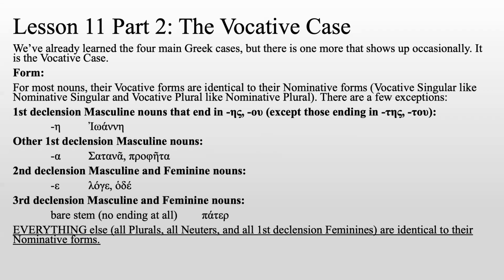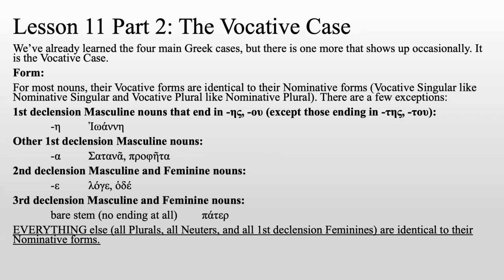Everything else, all of the plurals, all of the neuters, and all of the first declension feminines are identical to their nominative forms. So these four things listed here are only for singulars. This is the first two different ways of doing first declension masculine singular, one way for second declension masculine and feminine singulars, and one way for third declension masculine and feminine singulars.